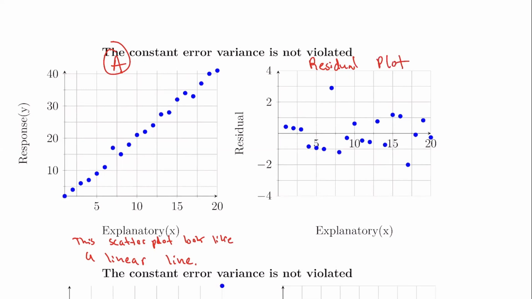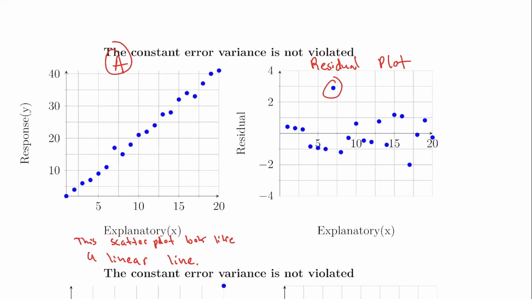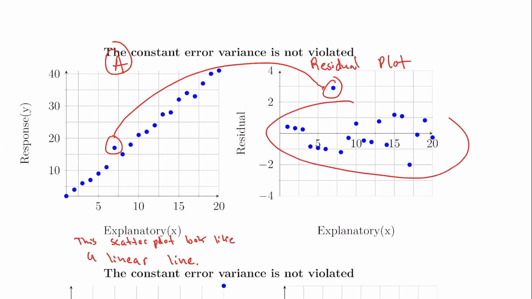So if you look at the residual plot, are all the points pretty close to zero, or are they all over the place like they were in the last one? Yeah, most of them are close to zero. You do have this one point over here that's kind of screwing it up a little bit, but for the most part, all of these points are pretty close to zero.